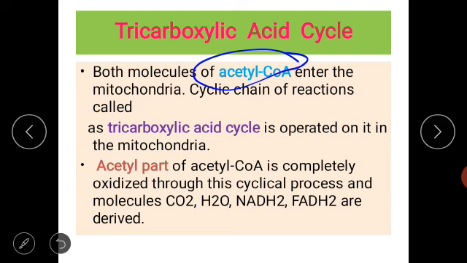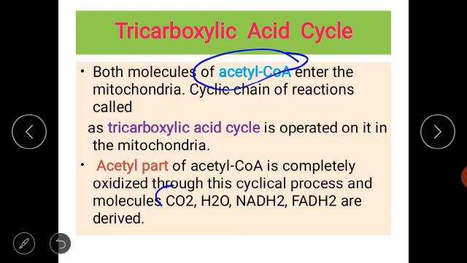Now acetyl CoA is the cofactor, and the acetyl part of the acetyl CoA is completely oxidized. Let me repeat, the acetyl part of acetyl CoA is completely oxidized through this cyclical process, and molecules like CO2, H2O, NADH2 and FADH2 are derived.